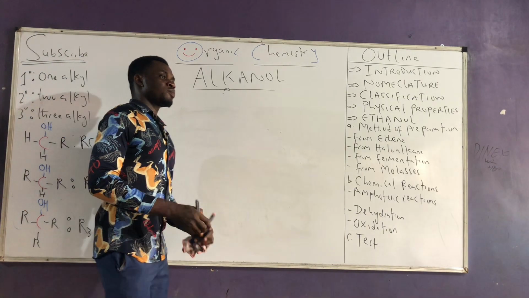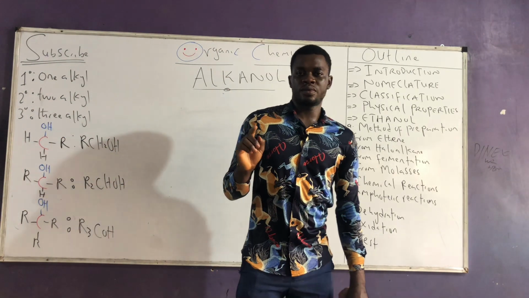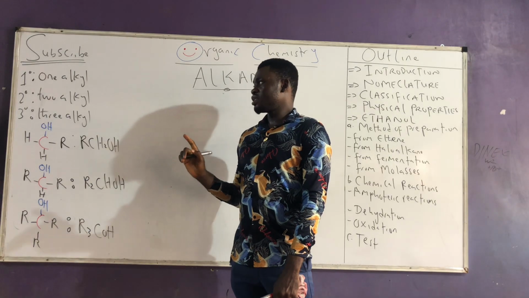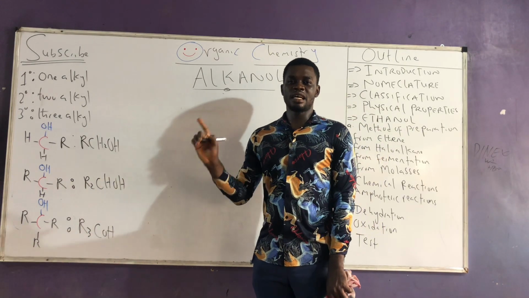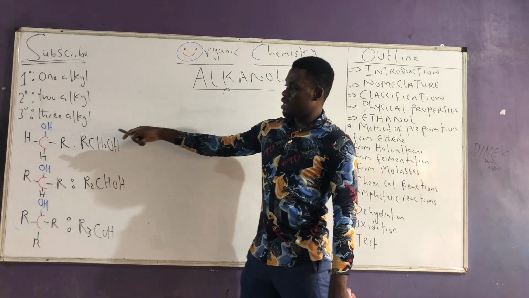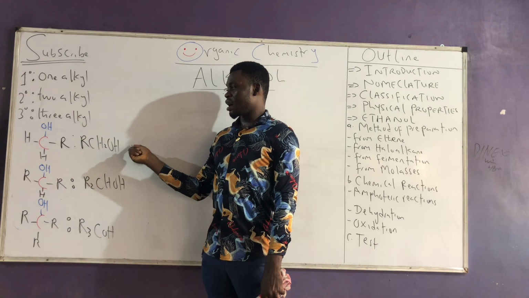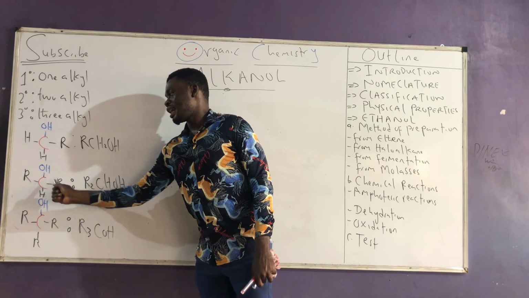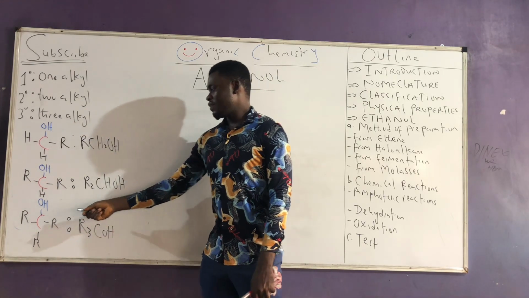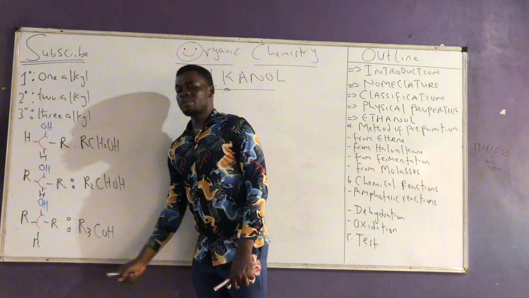So alkanols that have just one alkyl group directly attached to the carbon atom that has the OH functional group become primary alkanols. If it has two alkyl groups directly attached, it becomes a secondary alkanol. If it has three alkyl groups, it becomes a tertiary alkanol.